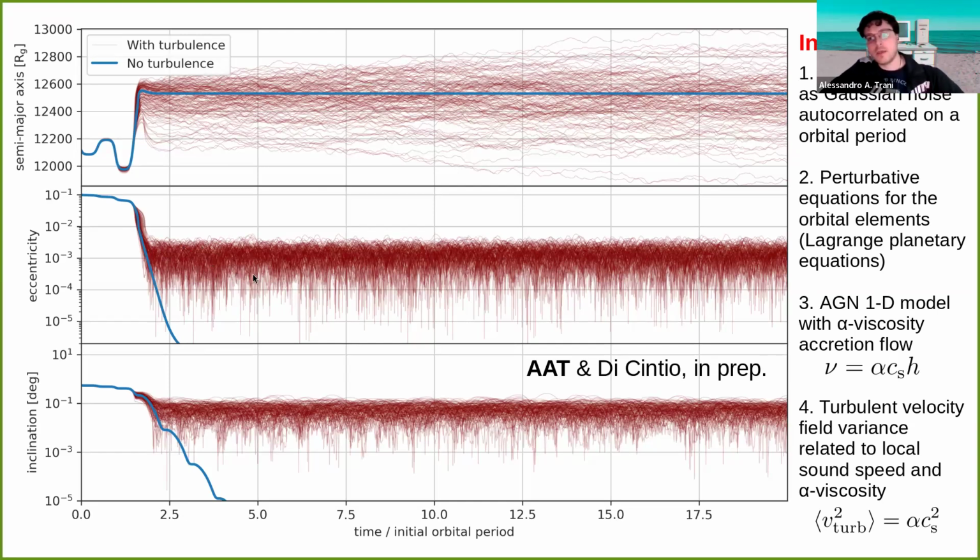And what happens is that the eccentricity and inclination plateau around some values, because this is basically a limiting value. It can be shown that this corresponds to the variance of the turbulent velocity field. This is work I've been doing right now.